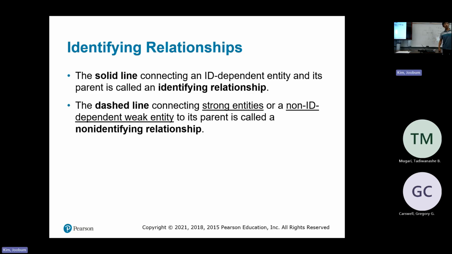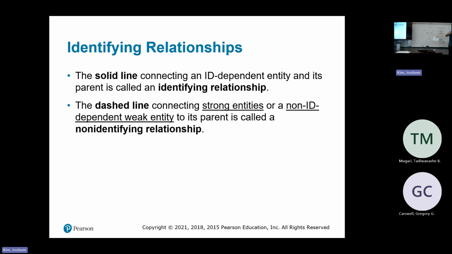Identifying relationship. There are two different types of relationship. One is the solid line. The other one is the dashed line. So the dashed line is to connect between strong entities like student and faculty, they are strong entities.